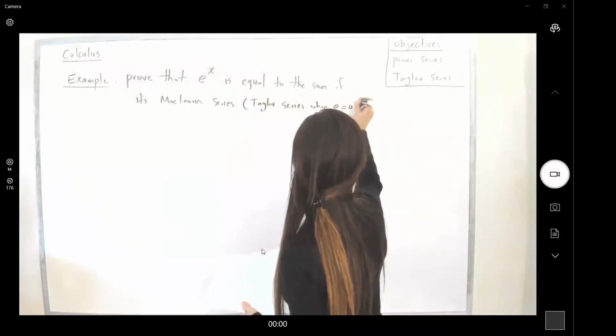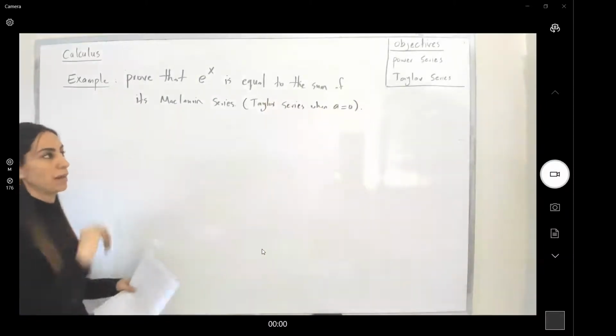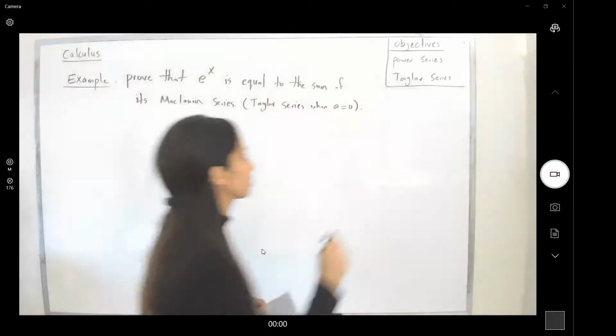A is equal to 0. Okay, so let us write down the theorem and the inequality that we just learned.